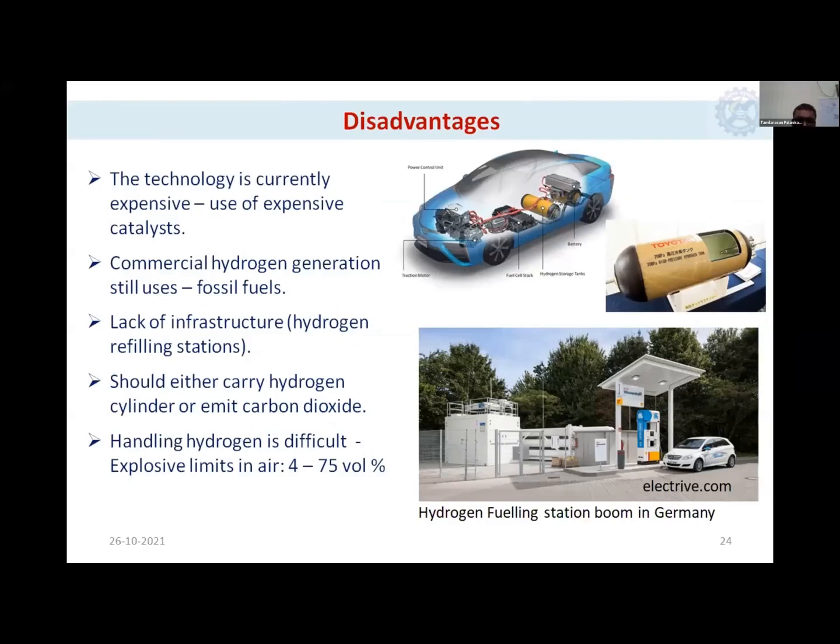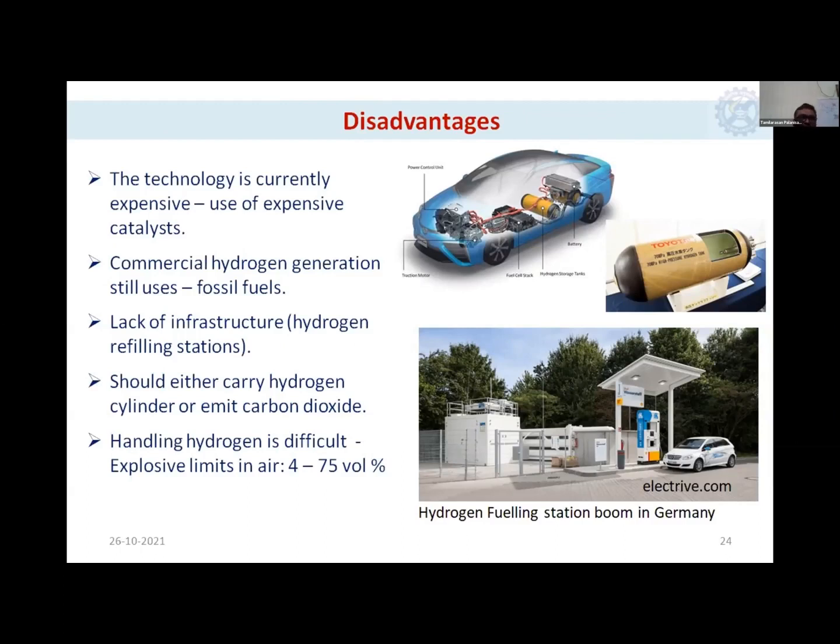This is because of what we are comparing with. We are actually comparing with gasoline. Gasoline gives you very little energy density, but still it is more profitable because it is a fossil fuel. We can simply dig it from the earth. But for fuel cells, we have to generate hydrogen.